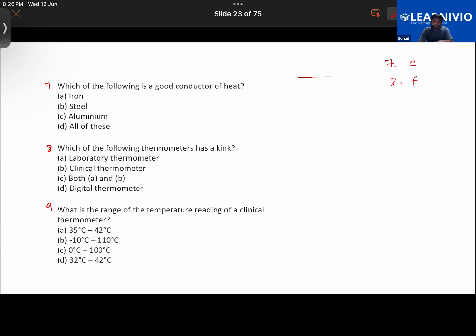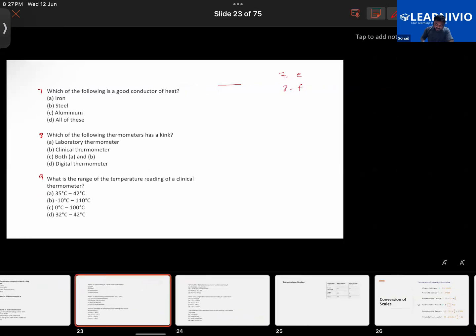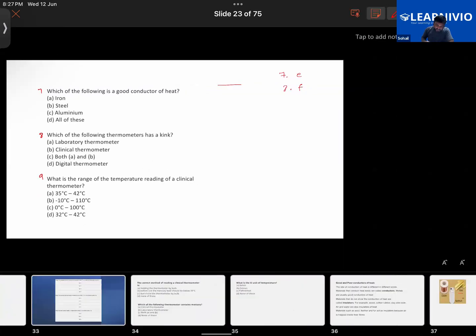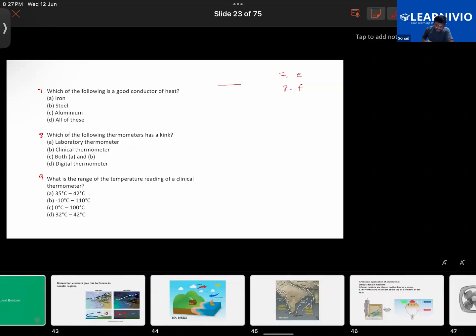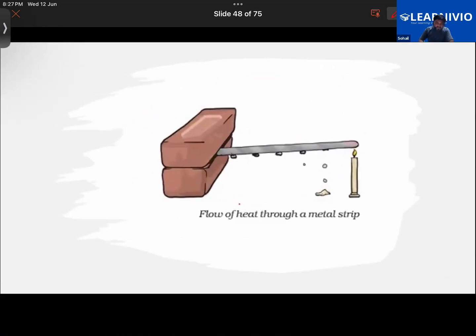So conductors are those objects that allow the heat to pass through them. If you hold a piece of iron rod over a flame, after 5 minutes or so, you observe that the other end also becomes hot. Whether it is iron, steel or aluminum, in all cases the other end becomes hot. But if you hold a piece of wood, will the other end become warm?